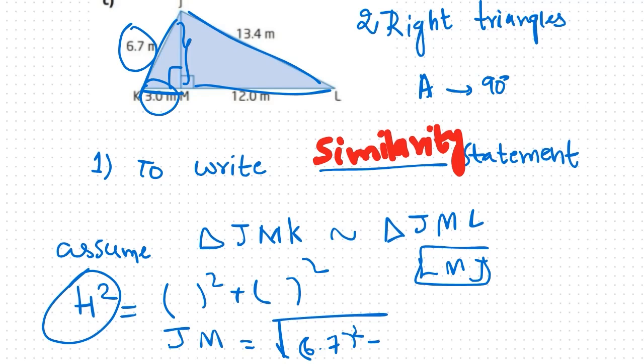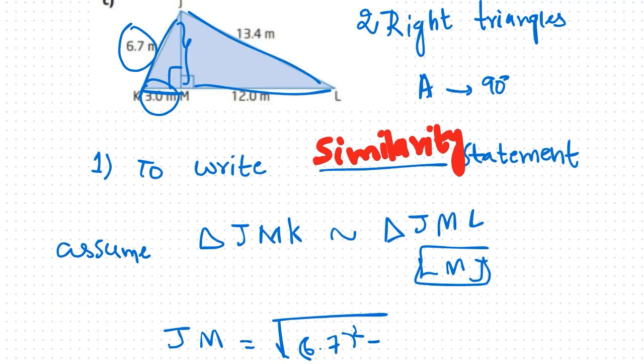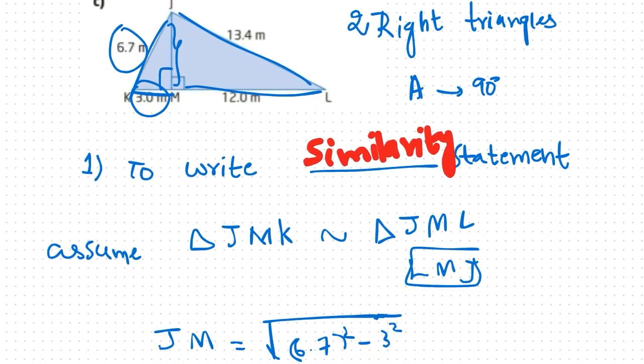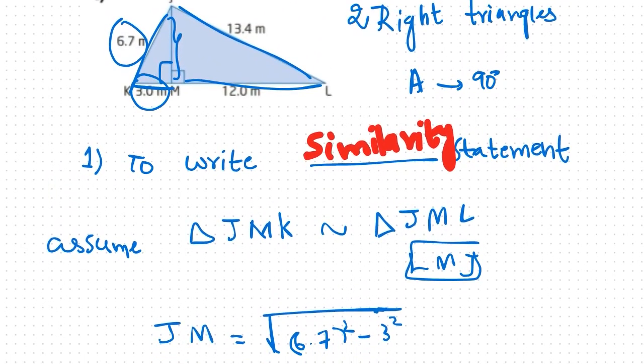But we already had the hypotenuse. So that's why we did square root of 6.7 squared minus 3 squared.